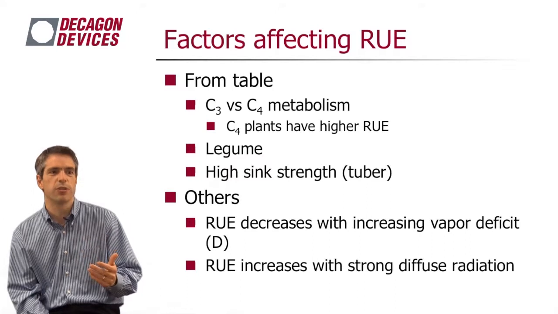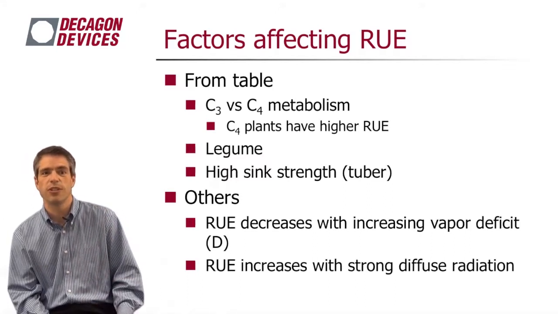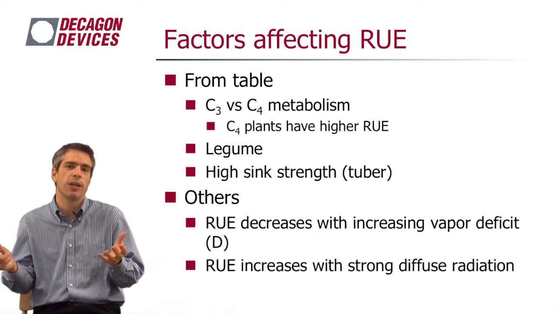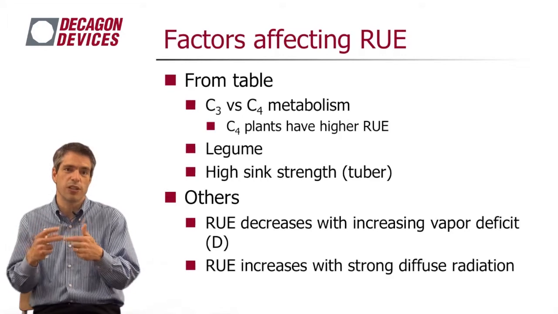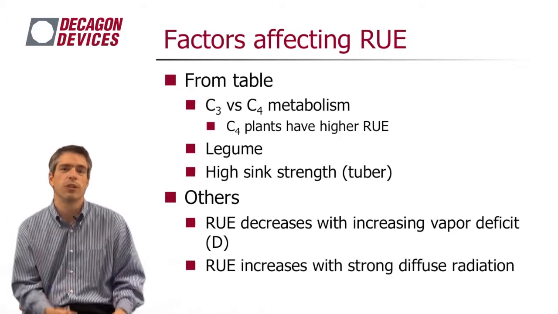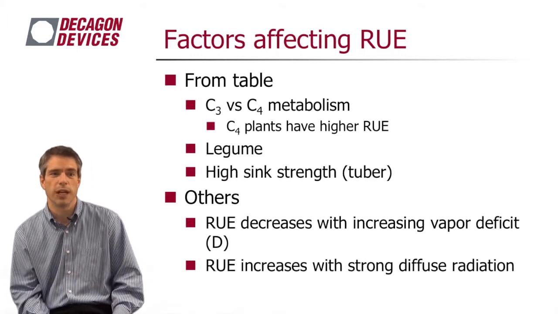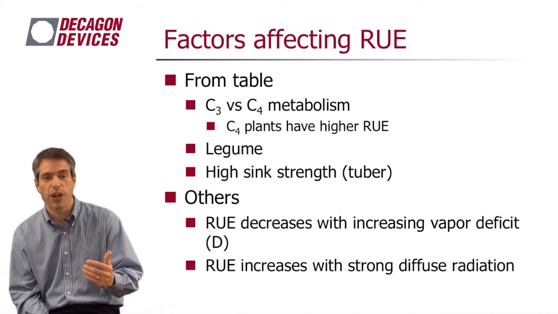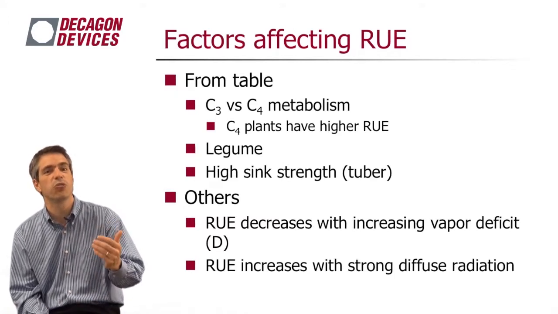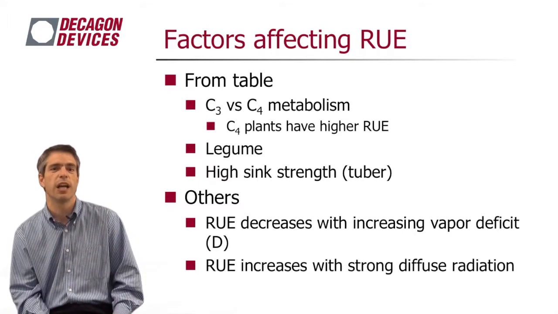Some other things that you ought to be thinking about are the fact that radiation use efficiency decreases with increasing vapor deficit. And I said why that might be, because we are exchanging CO2 for water vapor. If there's a bigger sink for water vapor, we can see that radiation use efficiency may be pulled down. And I already mentioned that, remember a couple of slides ago, radiation use efficiency increases with increasing or strong diffuse radiation.